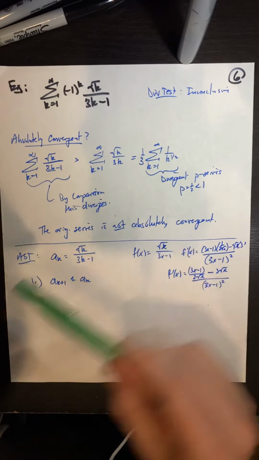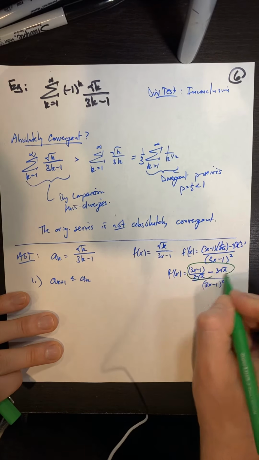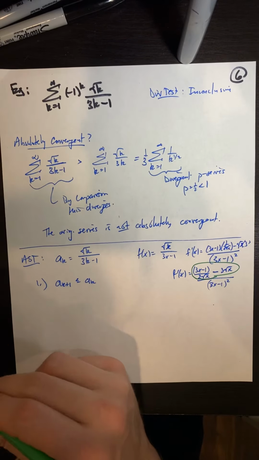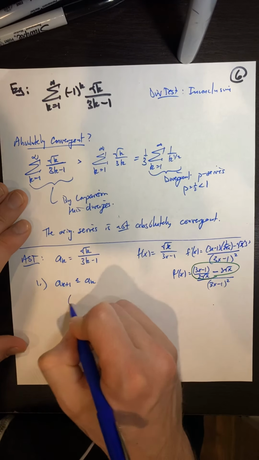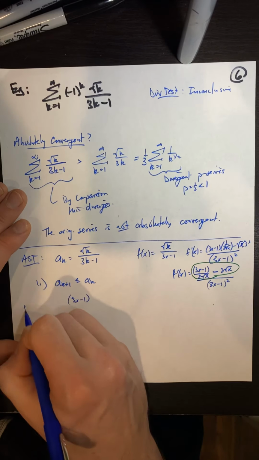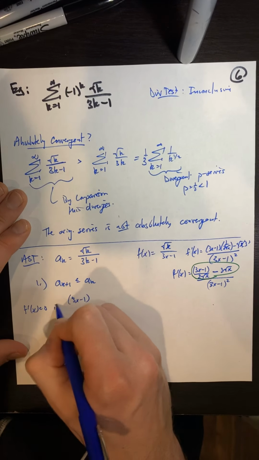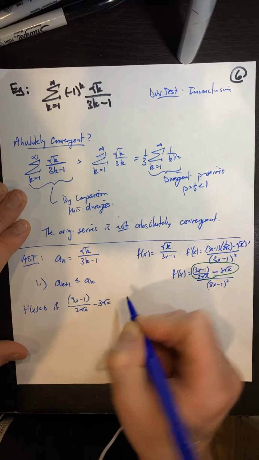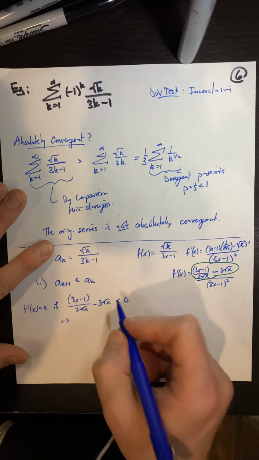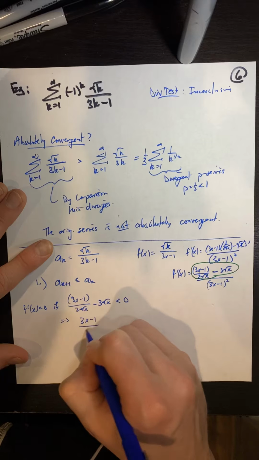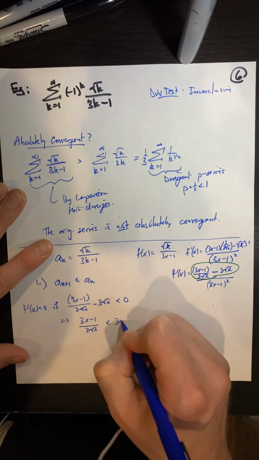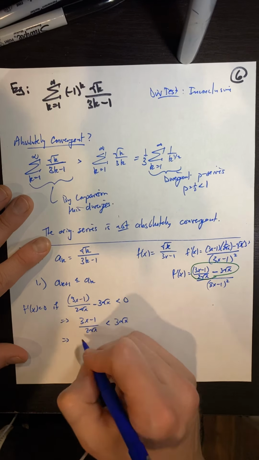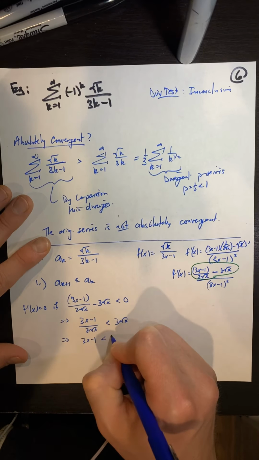Again, look at the top. The bottom is always positive, so whenever the top is negative, that is when it's decreasing. So I can say f prime of x is less than 0 if (3x minus 1)/(2 root x) minus 3 root x is less than 0. Solve this for x. So (3x minus 1)/(2 root x) must be less than 3 root x. Multiplying, 3x minus 1 must be less than 6x.